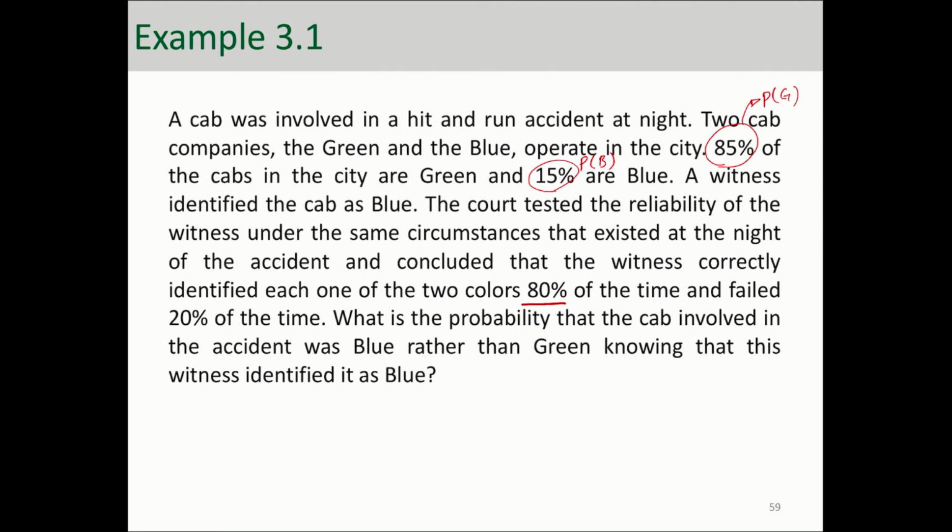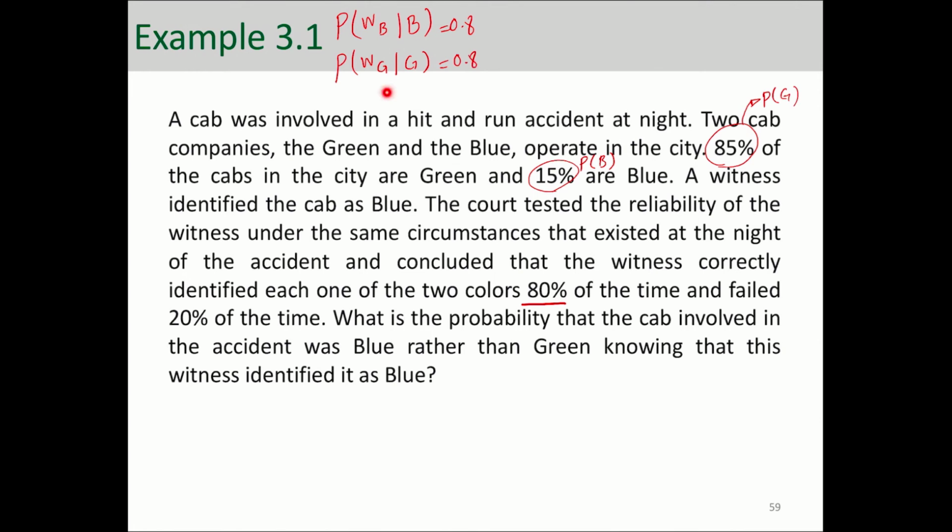And you can write them in terms of conditional probability, right? Probability of, and here I'm introducing a new event, witness identifies as blue, let's call it W blue, given that it was actually blue, that's a correct identification that they're talking about here. That's 0.8. And then another correct identification is when the witness identifies it as green when it was green. That is also 80%.